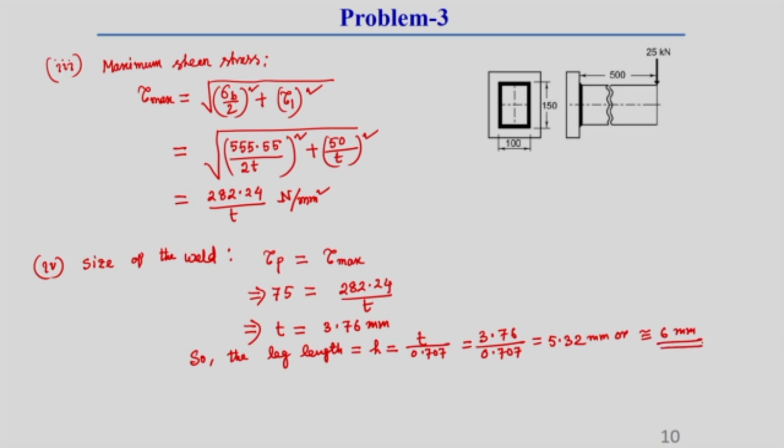So, this is the design throat thickness and weld leg length. Okay. This way generally we can find the design dimension of a weld for a weld structure subjected to bending moment.